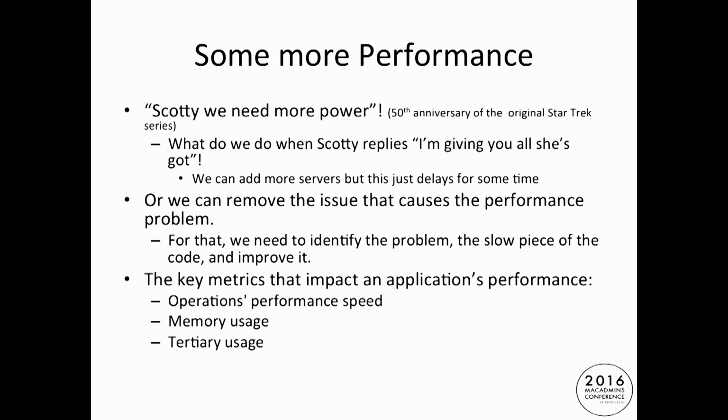And then what happens when Scotty replies, "I'm giving you all she's got"? Well, you could throw more processors at that point, but it doesn't solve the underlying performance issue. For that, you need to identify the problems, the slow piece of code, and improve it. Key metrics that impact performance are operation speed, memory usage, and tertiary usage.